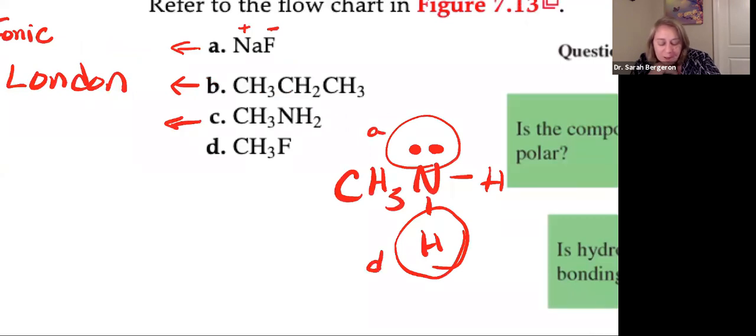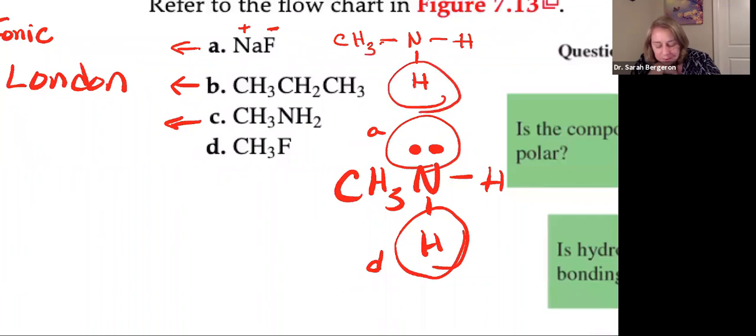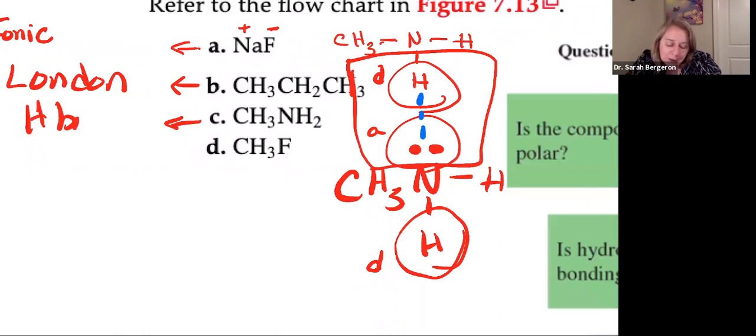Then you'll have another molecule, a hydrogen on a nitrogen, with CH3, and you end up with this interaction like that. And there's your hydrogen bond. Here's your donor, here's your acceptor, and there is the hydrogen bond. So this would be hydrogen bonding, okay?